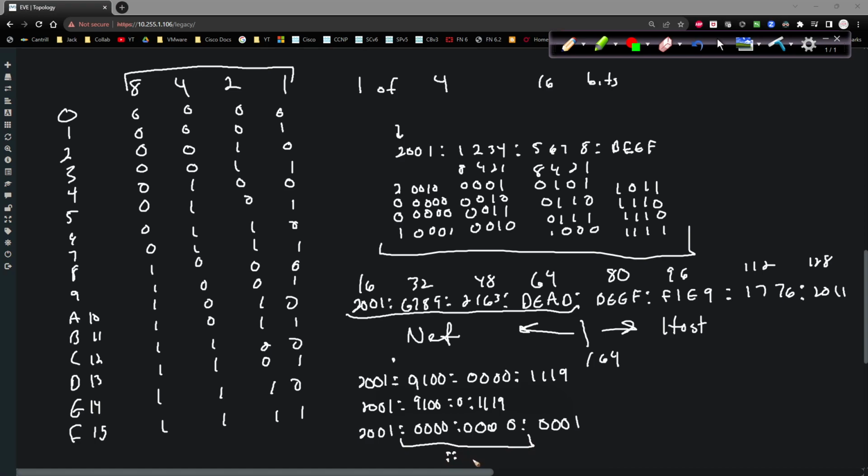So colon colon can be used to represent these zeros. It would look something more like this: 2001 colon colon. And remember what we talked about up here, where the leading 0 can be dropped, and then it would literally just be a 1. So these 3 zeros here in the front can be replaced with 1. So your 2001 colon colon 1.